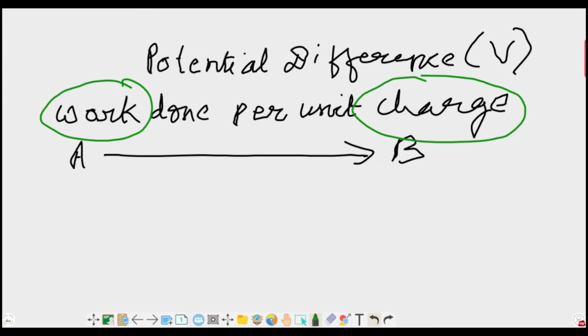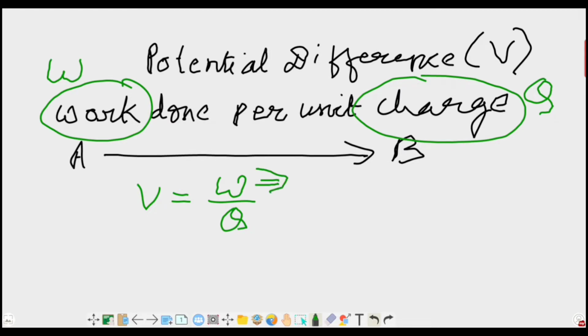You know, work is indicated by W, and charge is indicated by Q. So what is potential difference? It will be W by Q, work done per unit charge. You know the SI unit of work is joule, and this is coulomb. So the SI unit of potential difference is joule per coulomb.